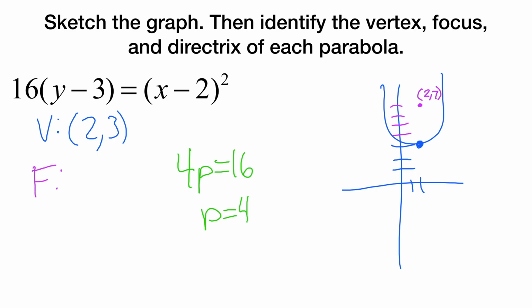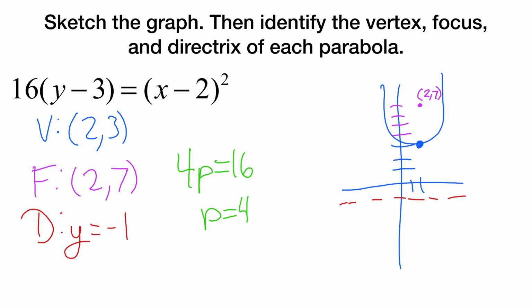The focus is at 2, 7. Now, in order to figure out our directrix, I have to instead go down 4. So 1, 2, 3, 4. Meaning our directrix is at y equals negative 1.